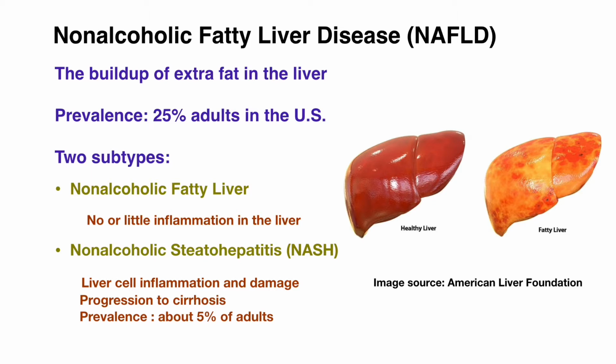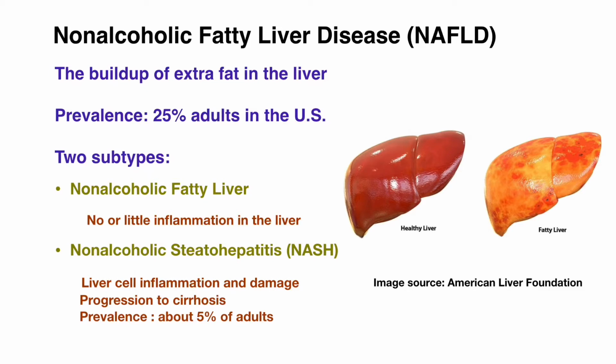Non-alcoholic fatty liver has a lower rate of disease progression than non-alcoholic steatohepatitis, and only about 4% of non-alcoholic fatty liver patients develop cirrhosis, which is a condition of scarring and inflammation in the liver with liver malfunction.